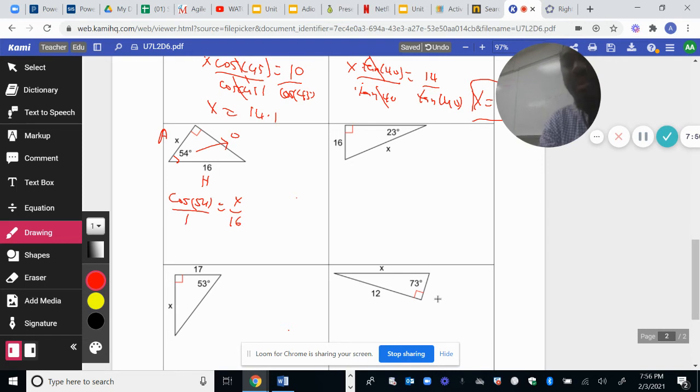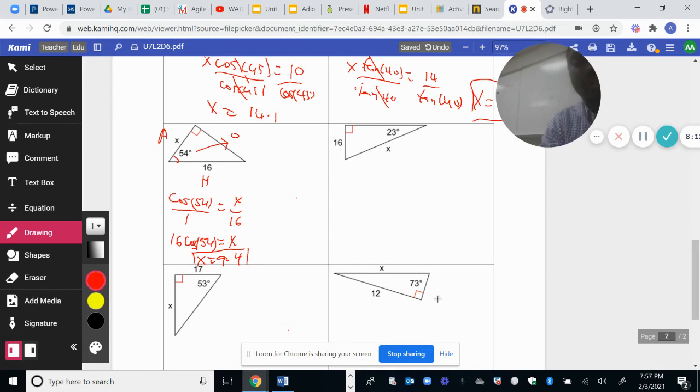You write cos over 1, then you cross multiply, you're going to have 16 cos 54 equals x, and then 16 times cos 54 gives us 9.4 if you put it in your calculator.